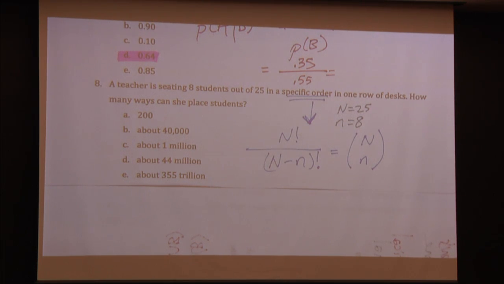About 1 million? So we would have 25 factorial over 25 minus 8, so 17 factorial.